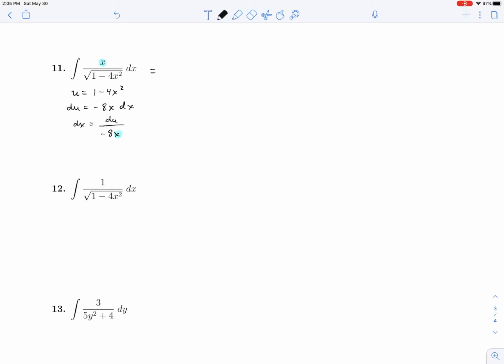This is our anti-chain rule, right? The derivative needs to be divided away, the part that isn't already there.